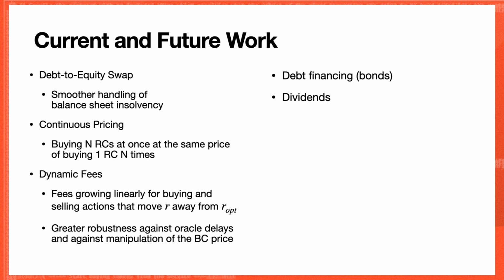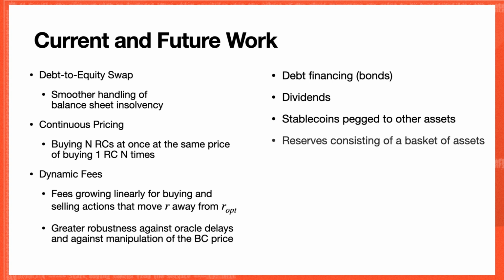We are considering dividends. In fact, the initial design of the stablecoin included dividends, but we removed that because there would be some scalability issues related to creating too many transactions to pay dividends to all reserve coin holders. We are, of course, interested in stablecoins pegged to other assets.